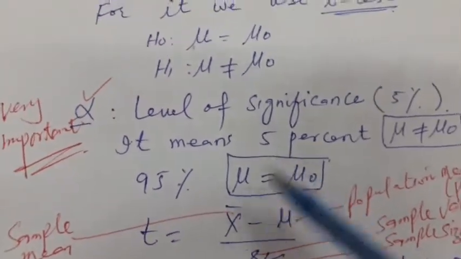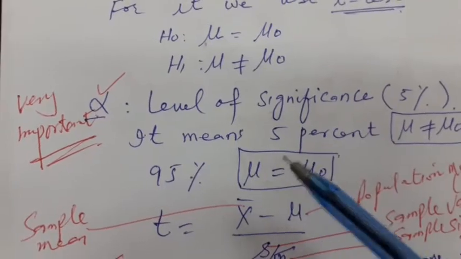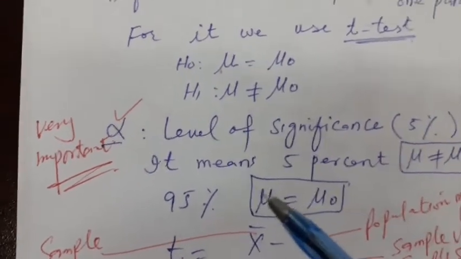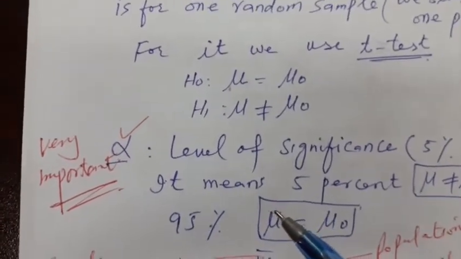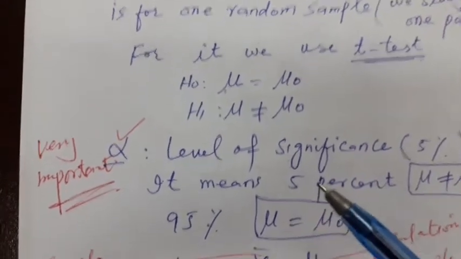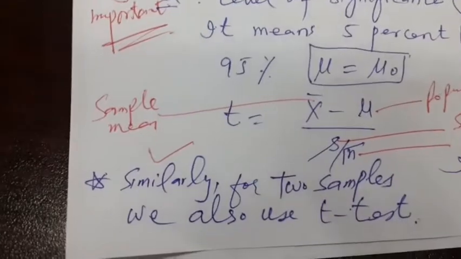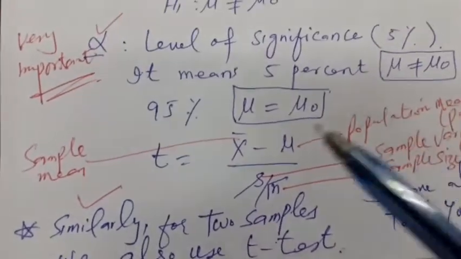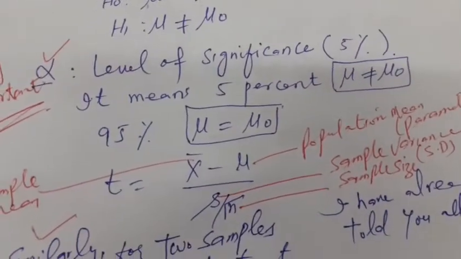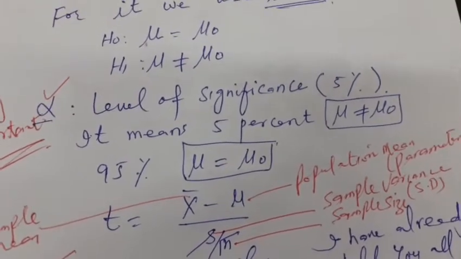So when we have only one sample, we use the t-test. Also, when we have two samples, we use the t-test to compare the means. I have already told you all this in the class.